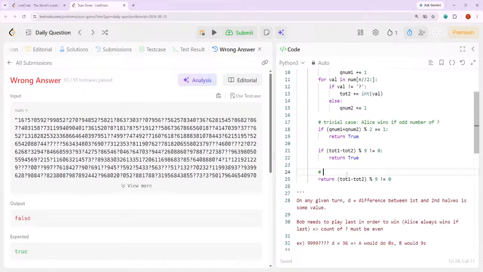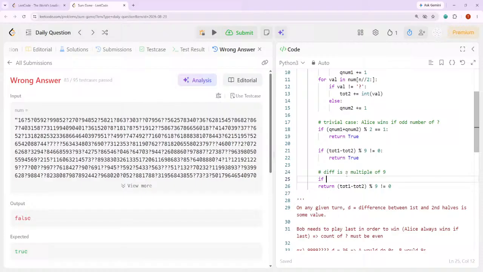So if total 1 is greater than total 2, so that's heavier on the first side, then the number of excess question marks has to be on the second side.